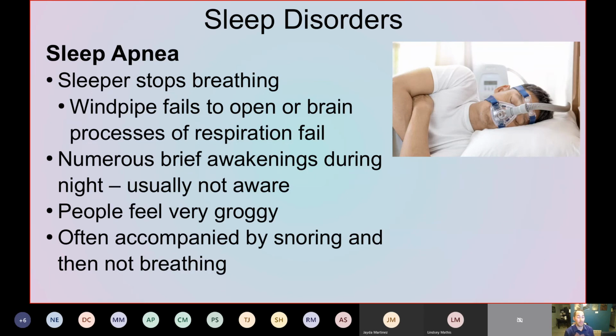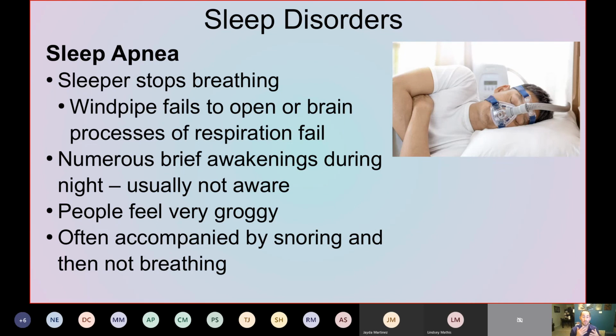So there are a lot of people who have sleep apnea because of that. They're choking in their sleep, so they will have a lot of brief awakenings during the night. If you look at their Fitbit tracker, for example, or any sleep tracker, you'll see lots of short waking periods during the night. So just a lot of times waking up.